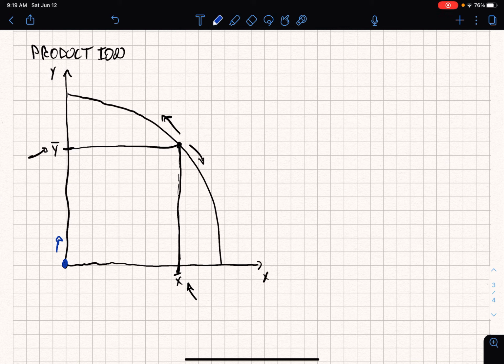When we move up, we increase y, and when we move out, we increase x. And we can think about this point as Bea's origin. When we move in, we increase Bea's x, and when we move down, we increase Bea's y. So this becomes the space for the Edgeworth box.